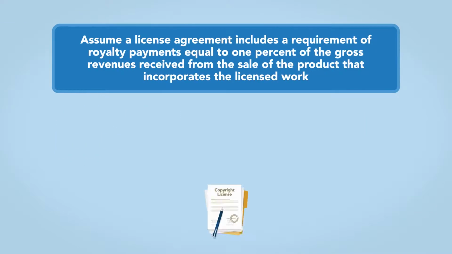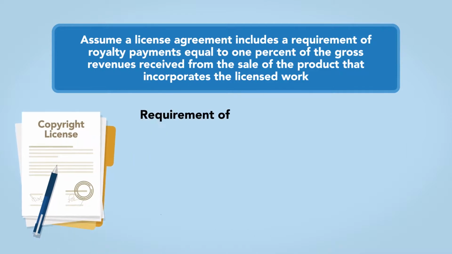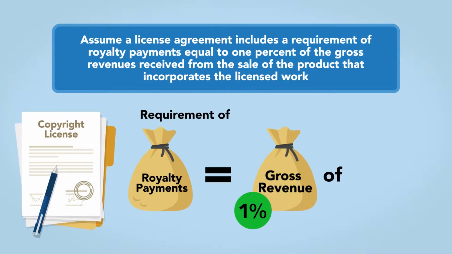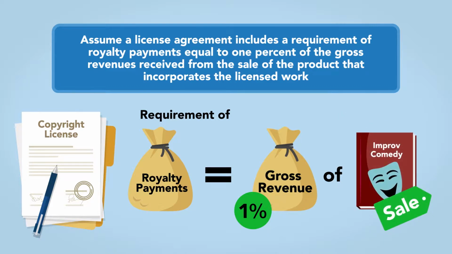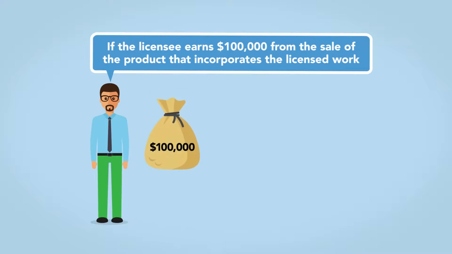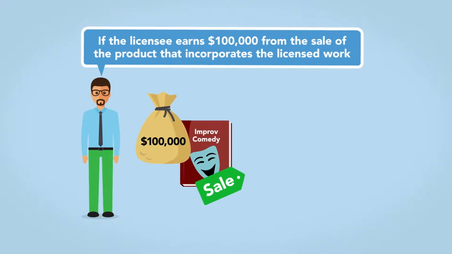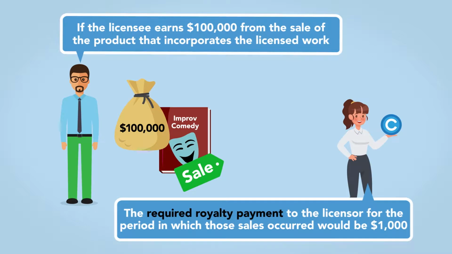Assume a license agreement includes a requirement of royalty payments equal to 1% of the gross revenues received from the sale of the product that incorporates the licensed work. If the licensee earns $100,000 from the sale of the product that incorporates the licensed work, then the required royalty payment to the licensor for the period in which those sales occurred would be $1,000.